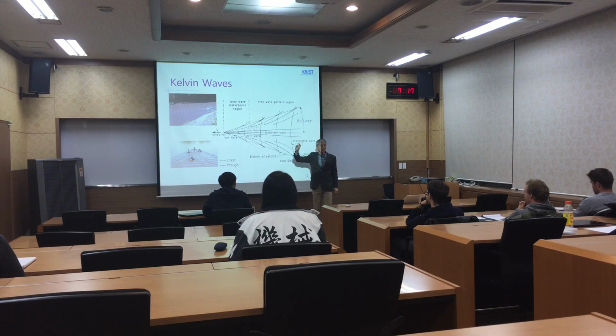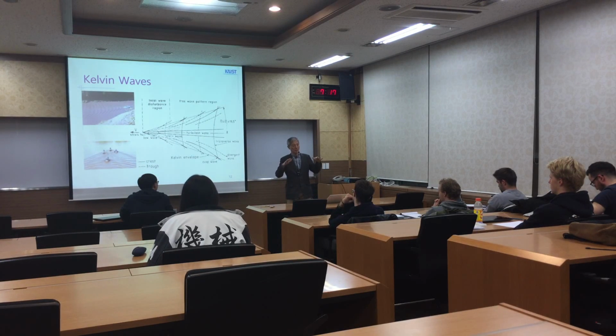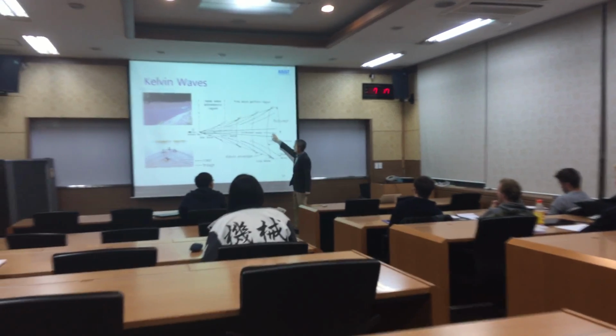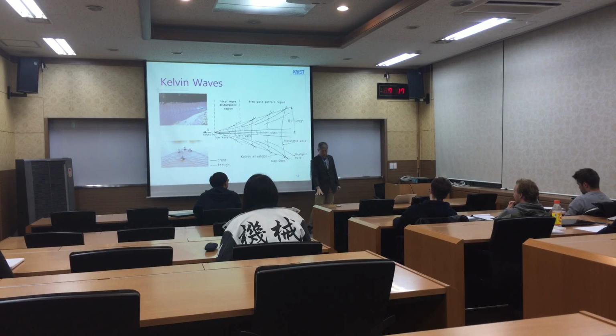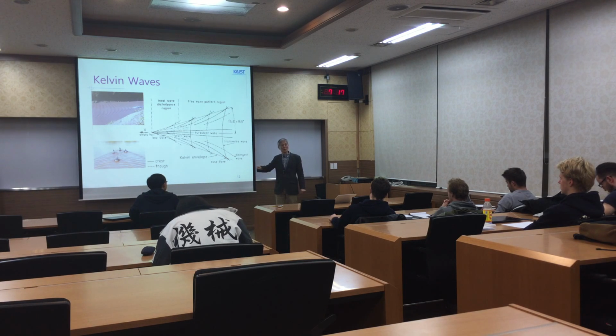So sometimes submarines, this is for Navy, they want to trace submarines, right? And the wake coming, even though the submarine is fully submerged, the wake field is coming onto the surface after some time. Right?